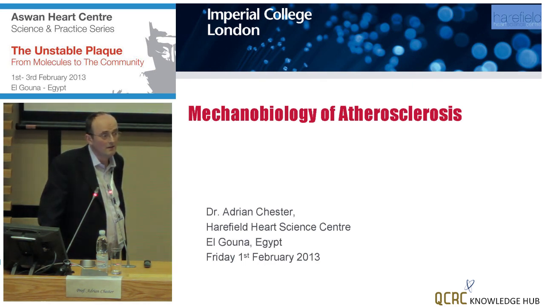I've got absolutely no problem with low flow dictating where lesions begin. Massive evidence for that. I've got a bit more of a problem in understanding whether the low flow is that much involved in the transition from stable to unstable plaques, because say, for example, in the carotid circulation, we know that the most unstable plaques are more than 70% stenosed, and they should have, as a consequence of that, massively increased shear stress over the top of the lesions.